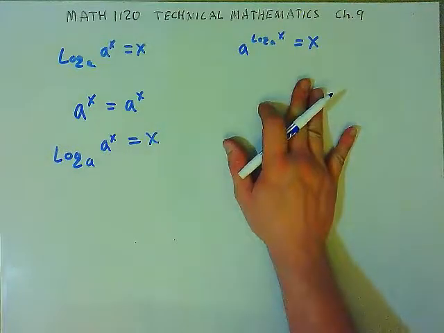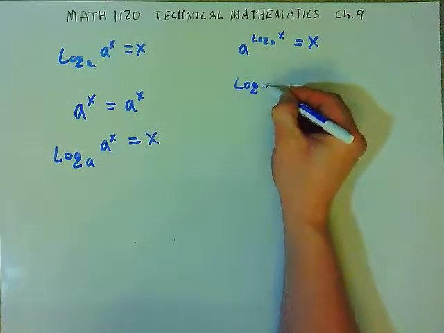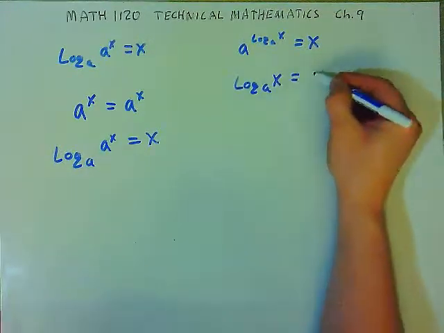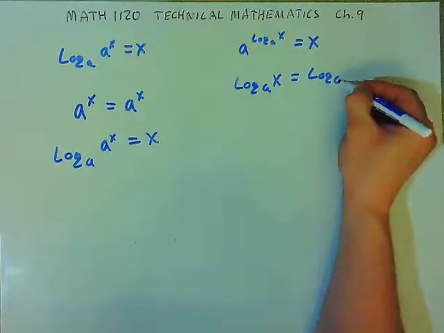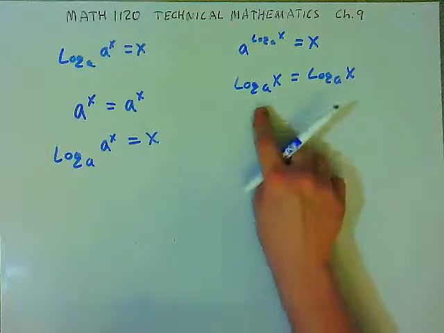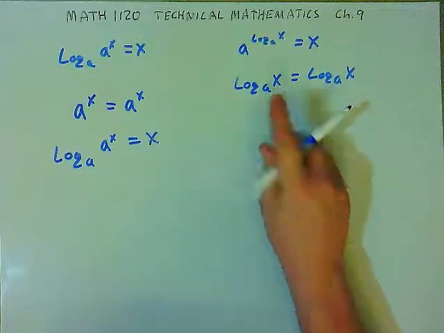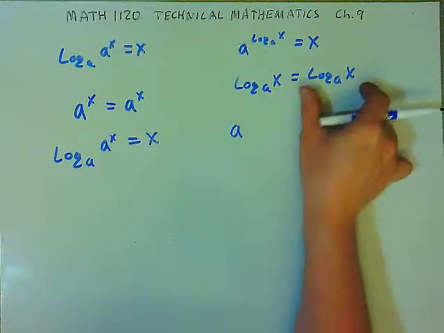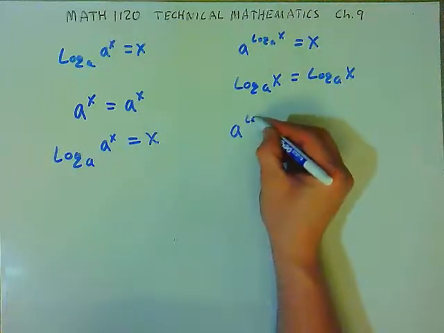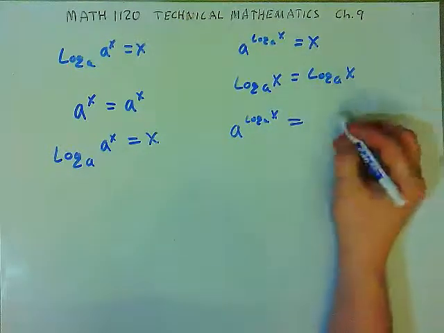Over here to prove this one, we'll start with the identity that log base a of x is equal to the log base a of x. And so they're exactly the same, they're equal. And to prove this, we will rewrite this in an exponential form, which says that the base a to this power, log base a of x, is equal to the argument of the logarithm.